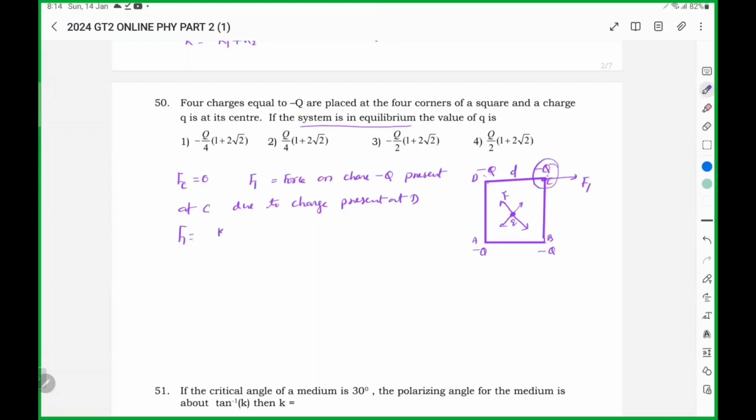F1 will be kq square by d square, right? Coulomb's law.